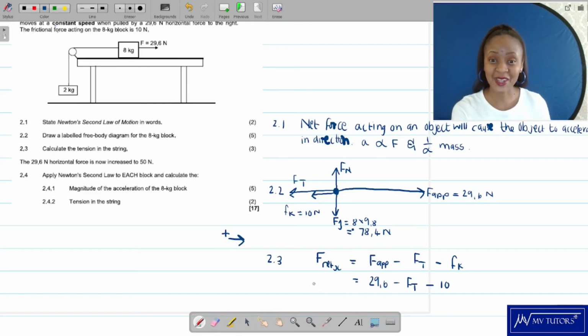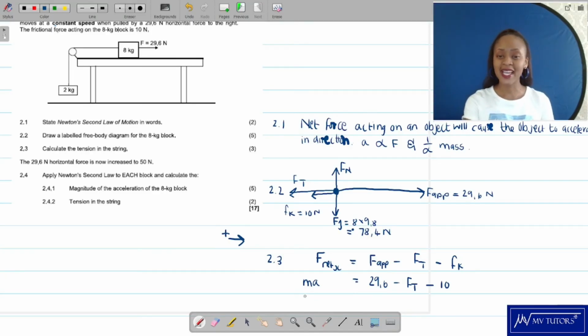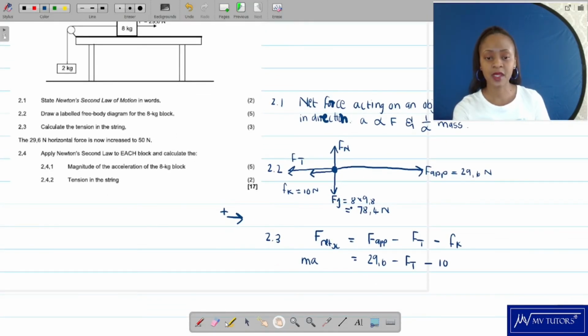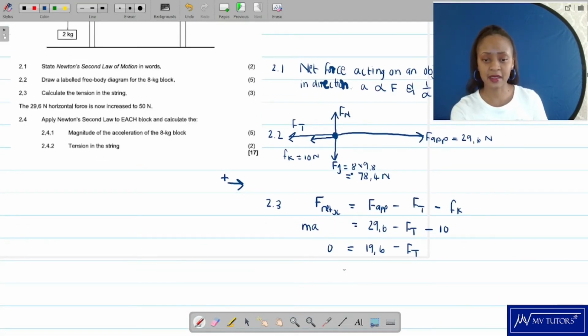And remember, guys, according to Newton's second law, the net force is equal to mass times acceleration. And they've told us there is no acceleration because of constant velocity. Hence, the left-hand side will be equal to 0. And then 29.6 minus 10 is 19.6. Ultimately, the tension force will be equal to 19.6.